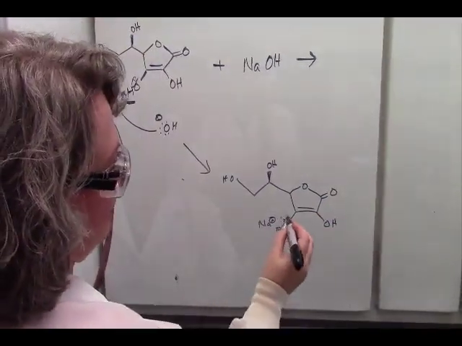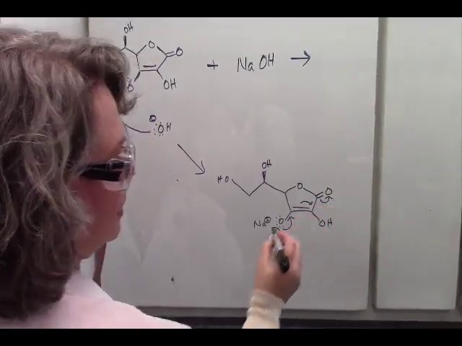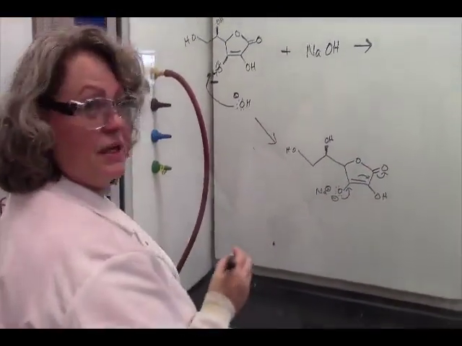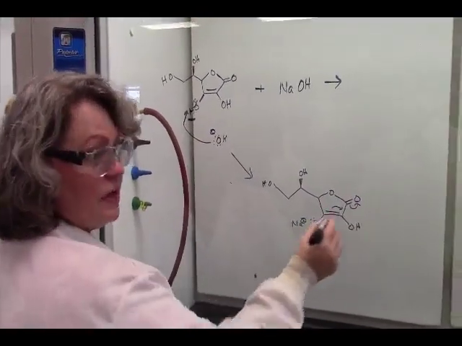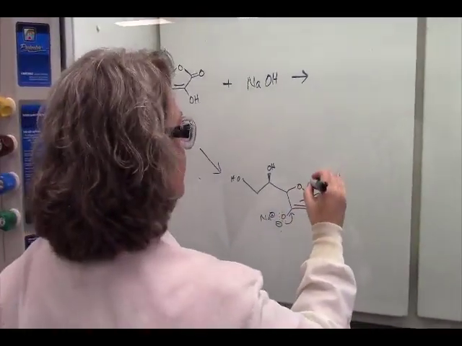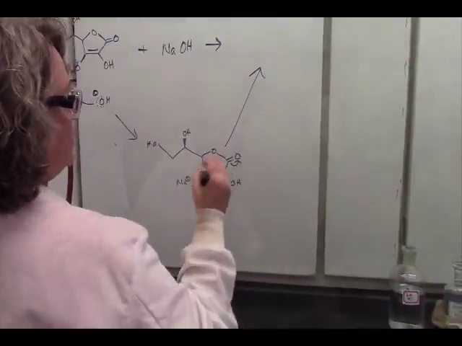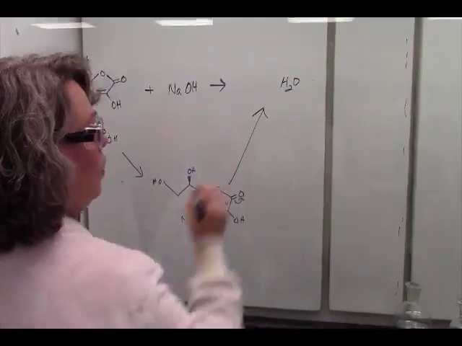Now this is going to be stabilized through resonance because you can go here, you can go here, you can go here. So that charge is spread out over several carbons or several atoms, which is going to stabilize it. That's why that's our most acidic proton. Pulling that off allows for that to occur. All right. So that will give us this species plus water.